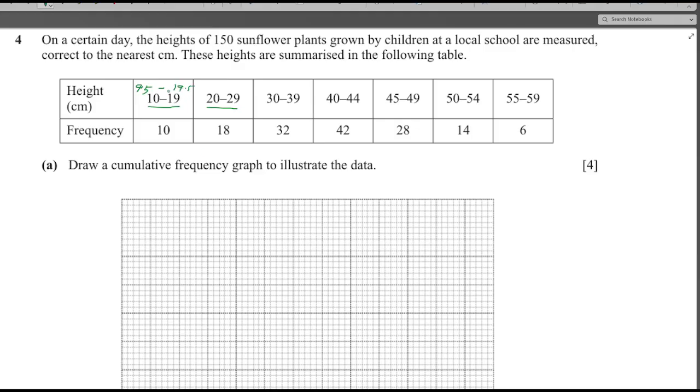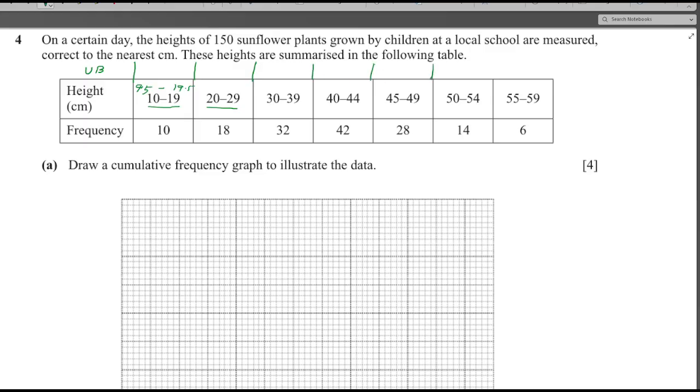Now for the cumulative frequency graph, I need the upper bound. I am doing it here, but if possible you can draw the upper bound column separately.